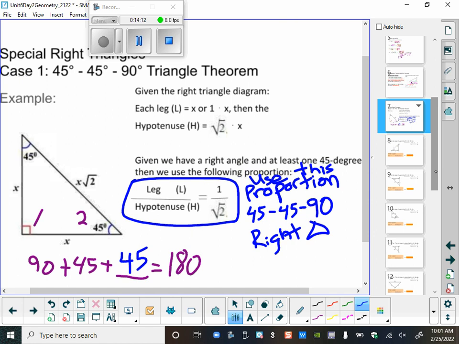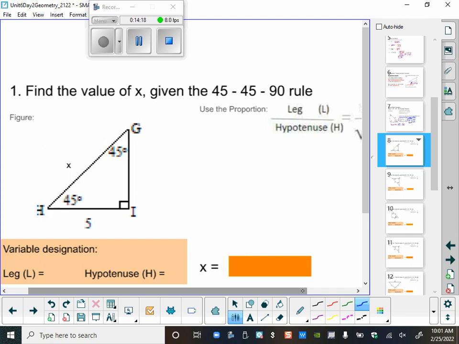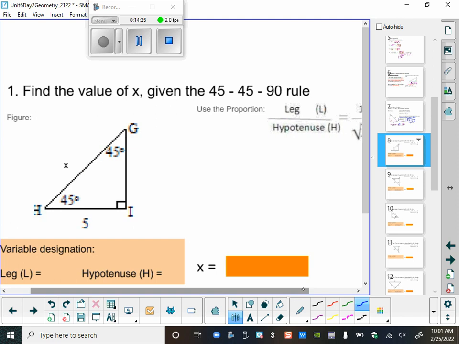Away we go. This is the first problem. Now, this is not going to be fun. Everybody can see the proportion on your slide, right? The bottom slide coming up. Now, first off, in this triangle, you have the 45, 45, 90 rule.